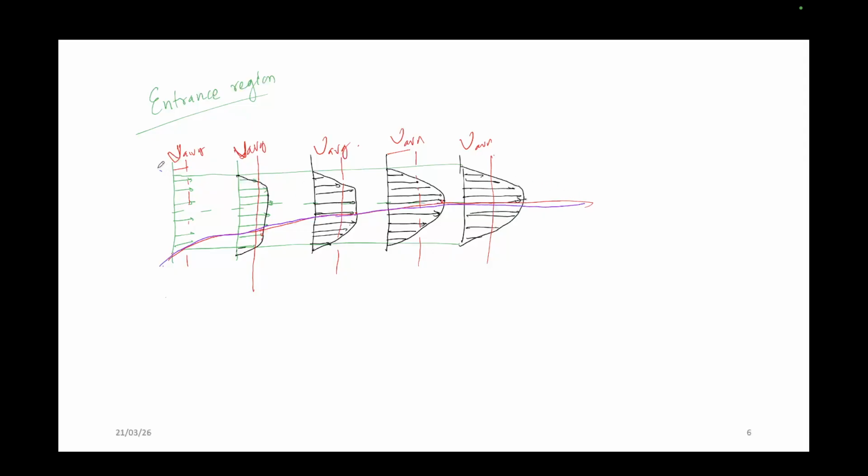Similarly from the bottom, here it is almost reaching the maximum value, and in the center it is getting mixed. So if I draw it separately, you will find the profile looks somehow like this.